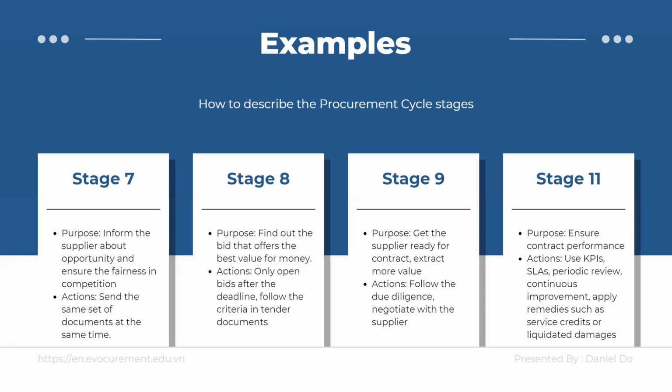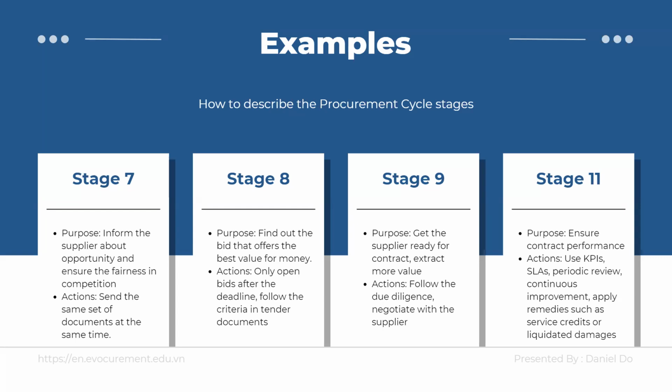We want to have a fair, open, and genuine competition. Second, with this stage, you also need to describe the actions that need to be undertaken. At stage number 7, although it is very simple, you just send the documents to the supplier.